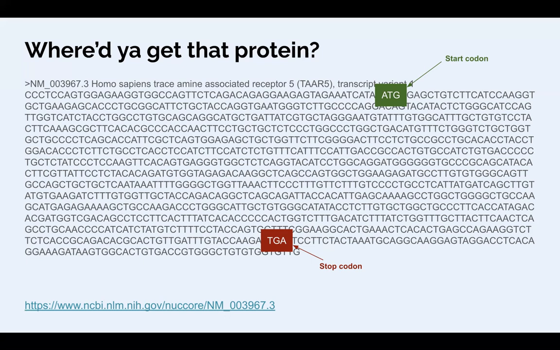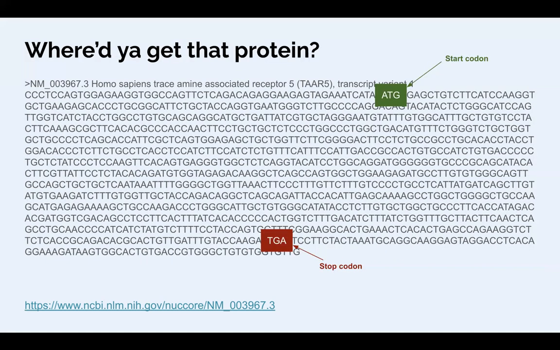Just looking at this series of letters, you wouldn't necessarily know where to find the start codons and stop codons, but we're going to explore how to find them. The start codon and stop codon are specific sets of 3 nucleotides, and they contain the instructions for starting to make a protein and ending the protein sequence.